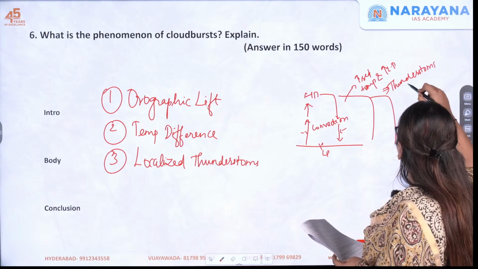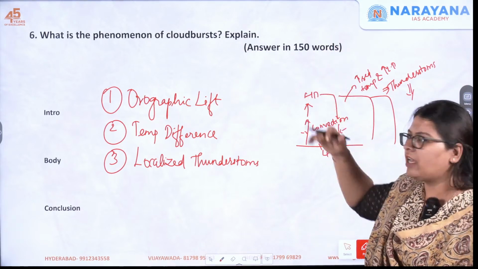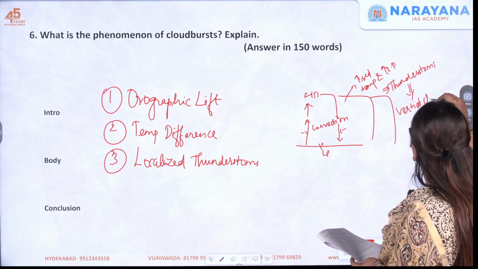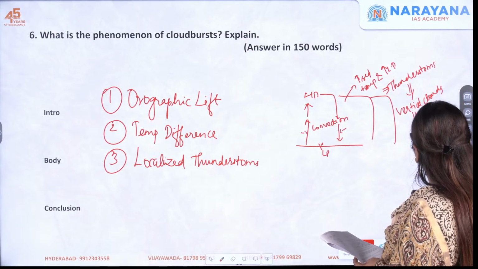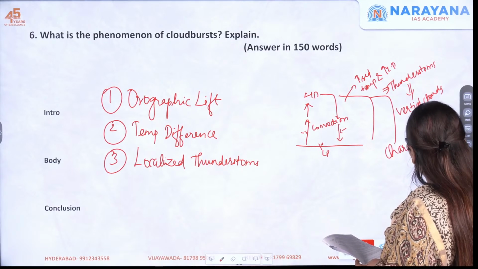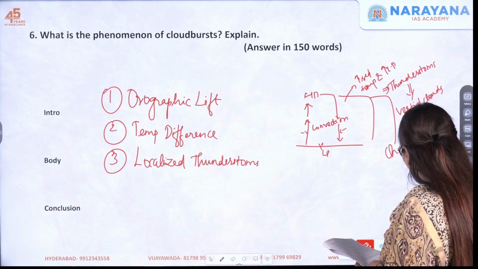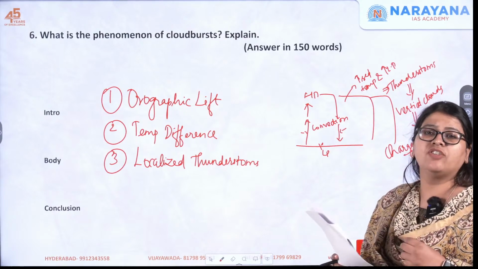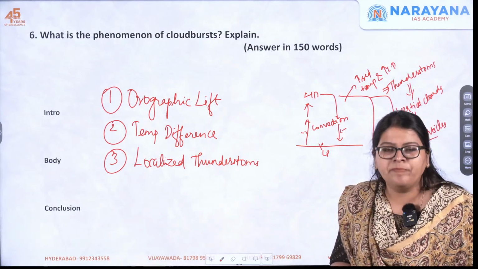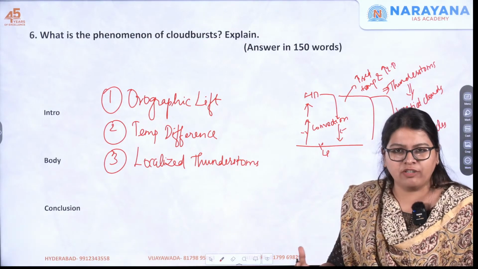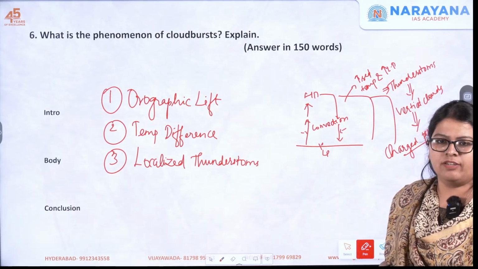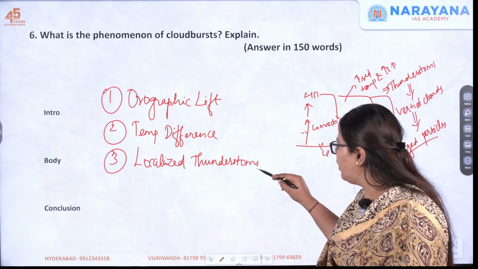Here thunderstorms are characterized by huge vertical clouds, and these clouds have charged particles. When these charged particles collide with each other, they discharge electricity, and that is why you hear that sound called thunder. Thunder is just the outcome of this thunderstorm, and it is also characterized by lightning. So now I hope you understood what localized thunderstorms are.